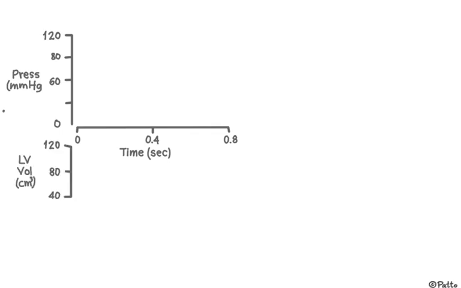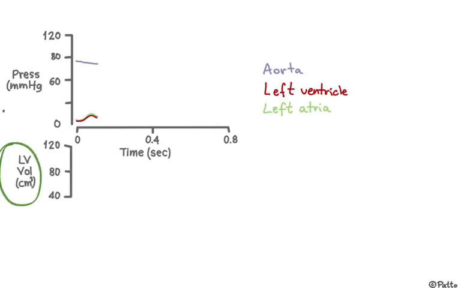So just for you to see all this in terms of volume, here we have the volume of the left ventricle. So basically we have the left ventricle being completely filled here. This is 120 cubic centimeters, which is 120 milliliters.